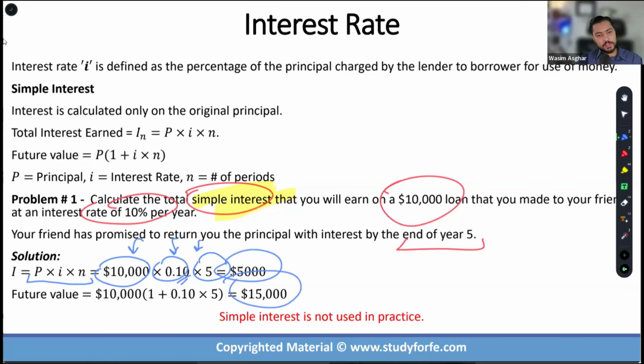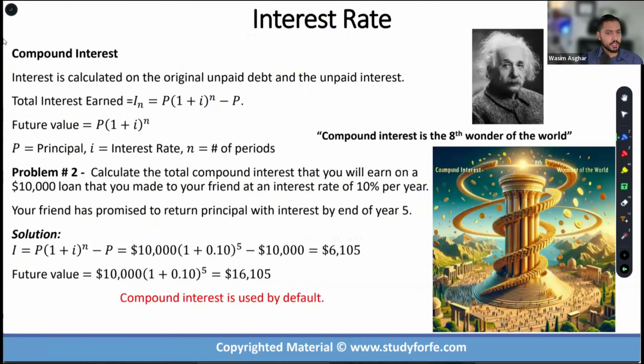Now, if we compare this to a scenario where you're like, I'm going to charge compound interest at 10% per year, and you have to give me a lump sum payment at the end of year 5. The formula for compound interest is that at the end of year number 1, 10K, when we do 10% on it, leaves you with 11K, right? The setup is that this fellow is actually not paying you regular interest. It's all being compounded and paid in one shot at the end of year 5.